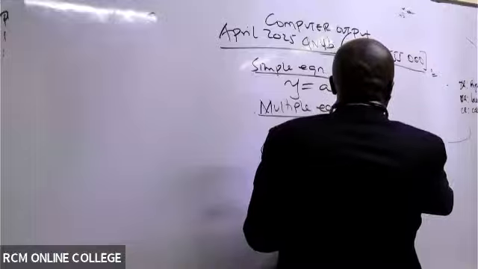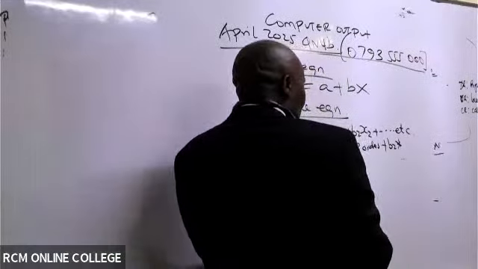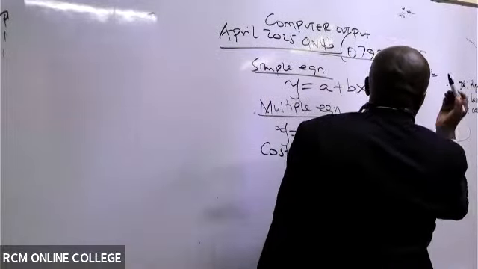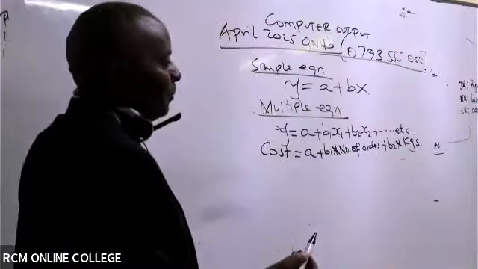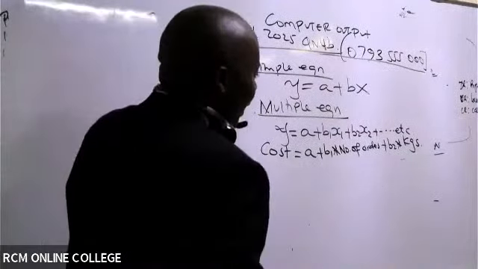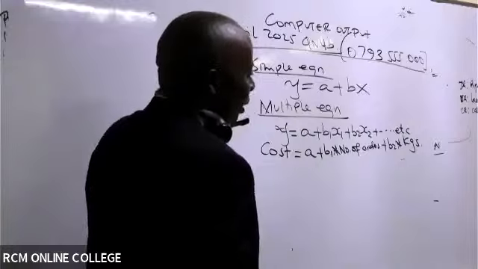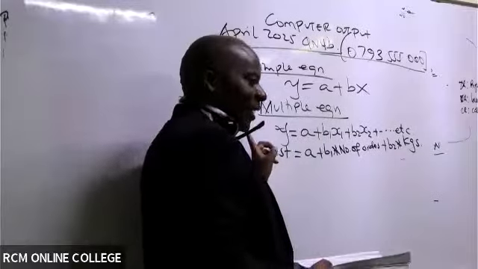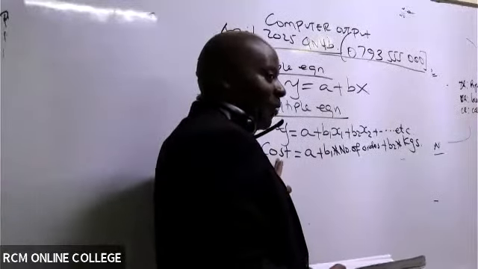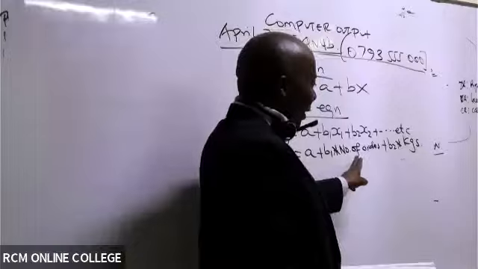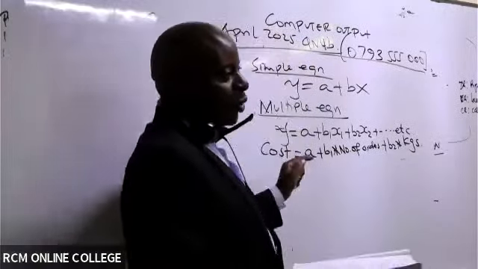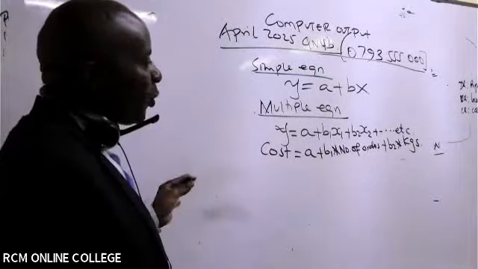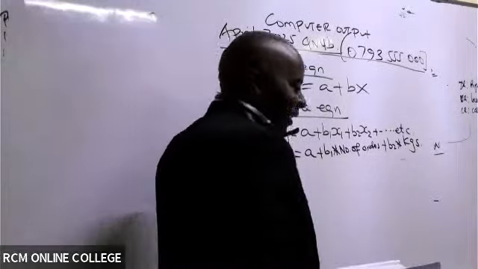Plus B2 times X2, which is number of kilograms. I can write it in brief like that. So now I see evidently that I've got two predictor variables. Remember, cost is the dependent variable. So I've got two independent variables. We also call them predictor variables. I just want you to understand the whole scenario.